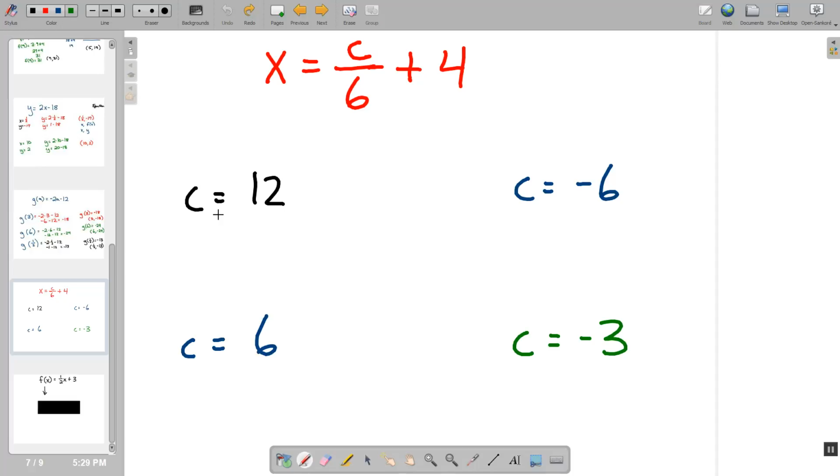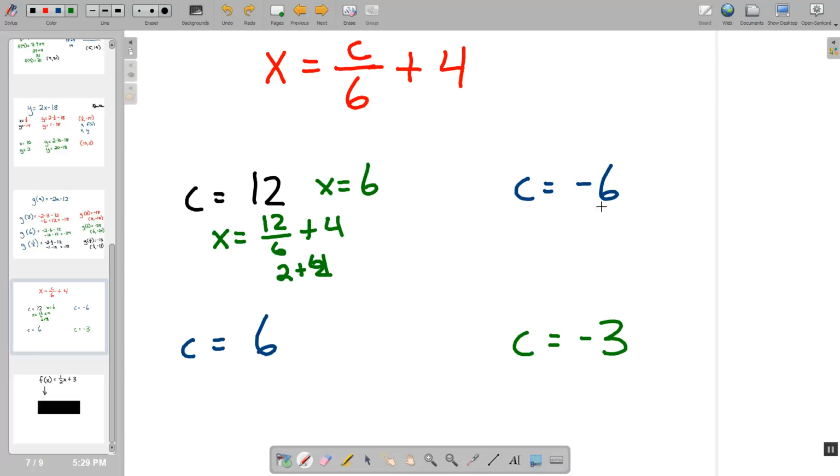So when c is 12, we are going to substitute 12 in for each c. So I will get x equals 12 sixths, or 12 divided by 6, plus 4. 12 divided by 6 is 2. 2 plus 4 is 6. Therefore, when c is 12, x is 6.